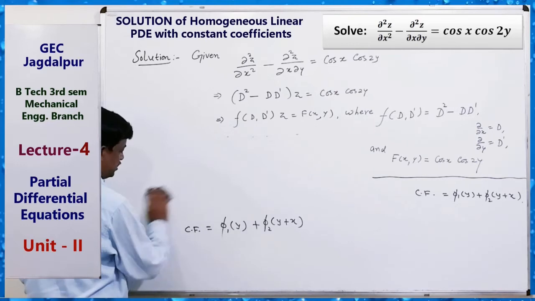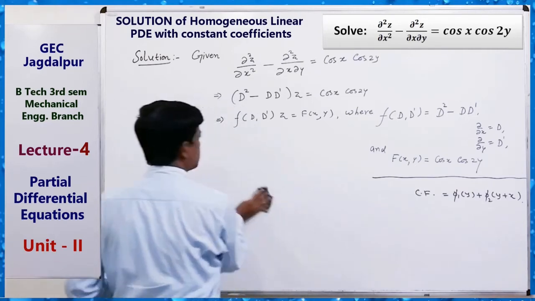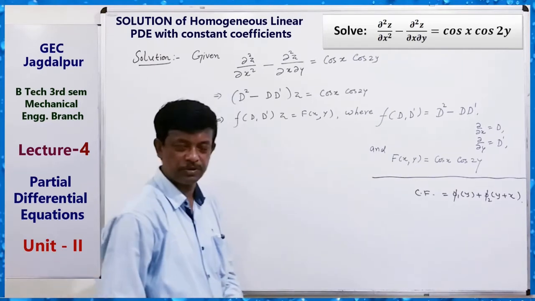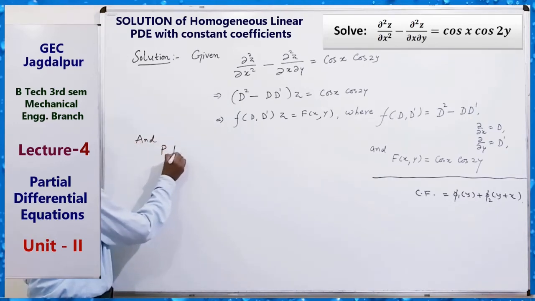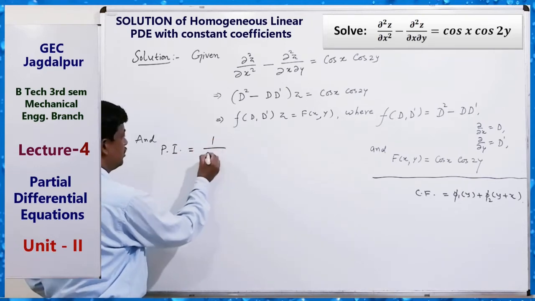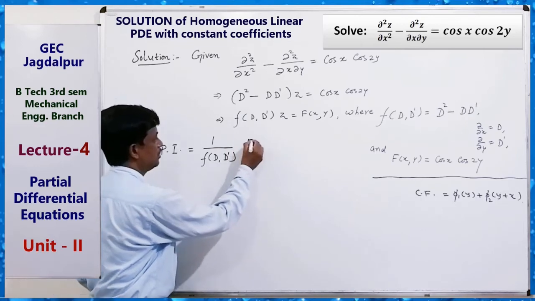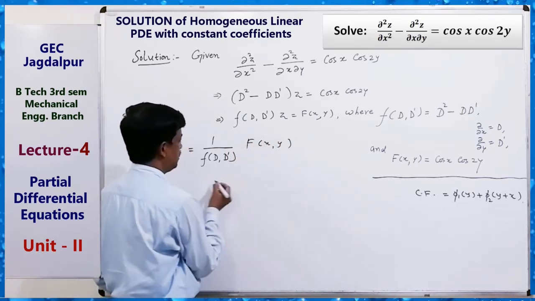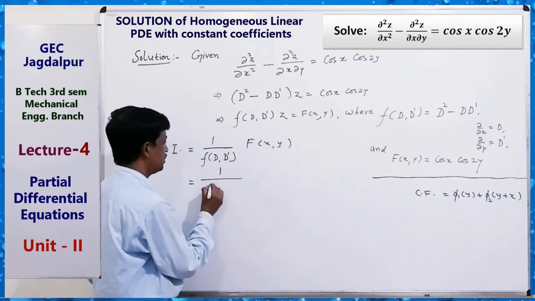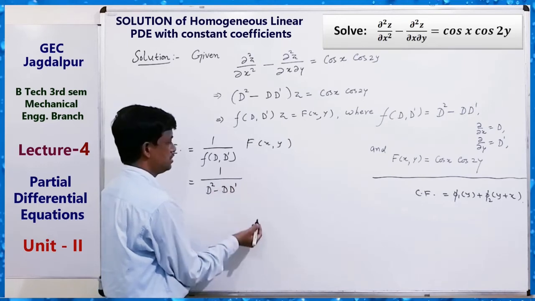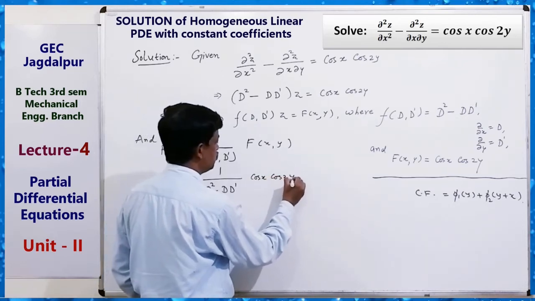PI. So for finding PI, we will use the formula for sin ax plus by, cos ax plus by. PI equals 1 upon f of D, D dash of function f of x, y. This equals 1 upon D square minus DD dash of cos x cos 2y.